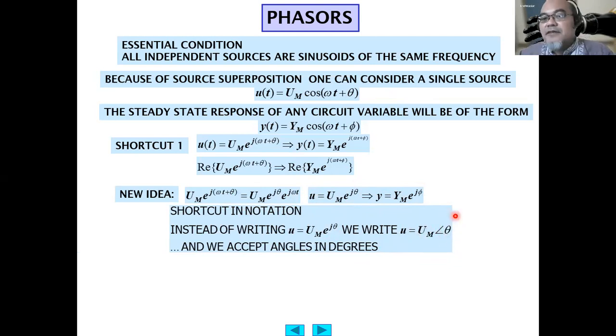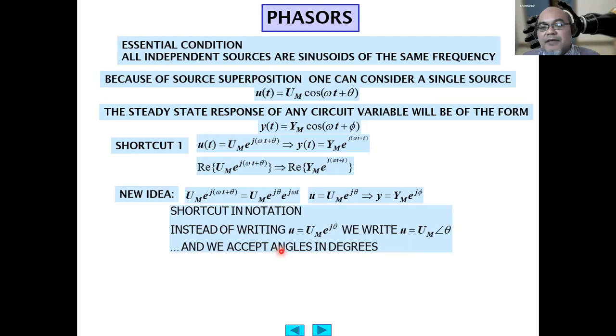The frequency is already known from the problem. We only take into account the magnitude and the phase angle, because those two are what change in the steady state response. The frequency remains the same.